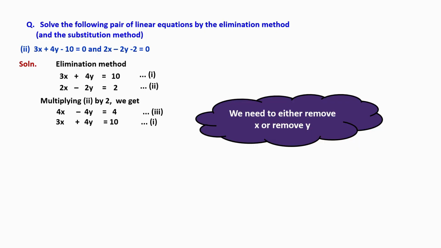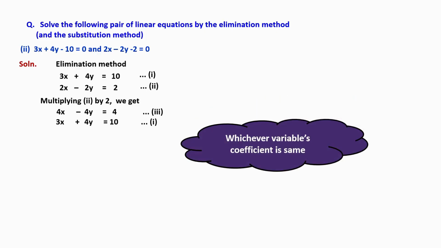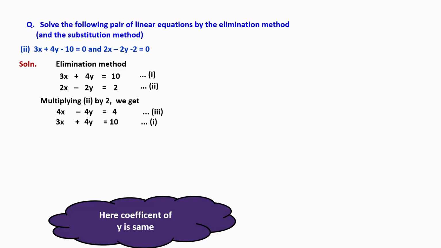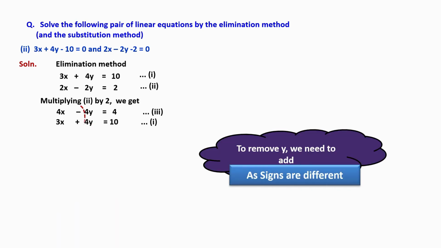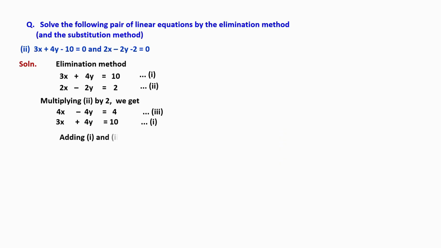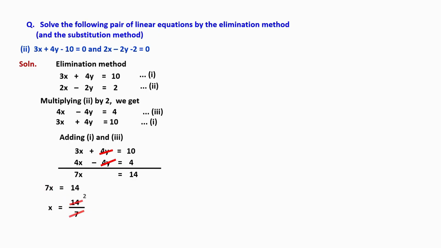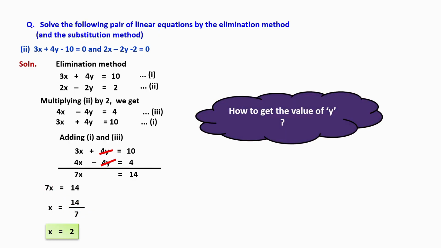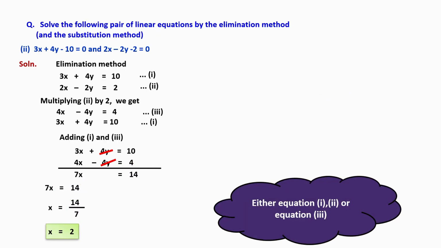Now, we can eliminate y because the coefficients are equal and the signs are different. So, we add the two equations. Adding them, we get 7x equals 14. So, x equals 2. Now, to find the value of y, we substitute x equals 2 into any one of the equations.